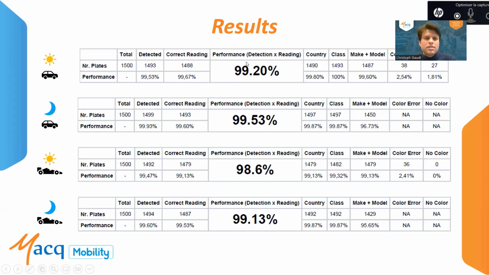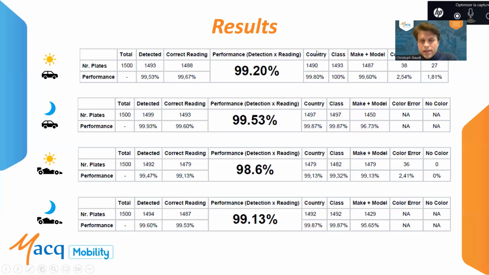Then the next column, and that's why it's the biggest one, I think it's the most interesting, is the multiplication. You calculate the column detected times the reading column, and you will get, in the first scenario, 99.2%. That means in cities, 50 or 70 kilometers per hour, during day, we achieve in this ROI 99.2% performance.